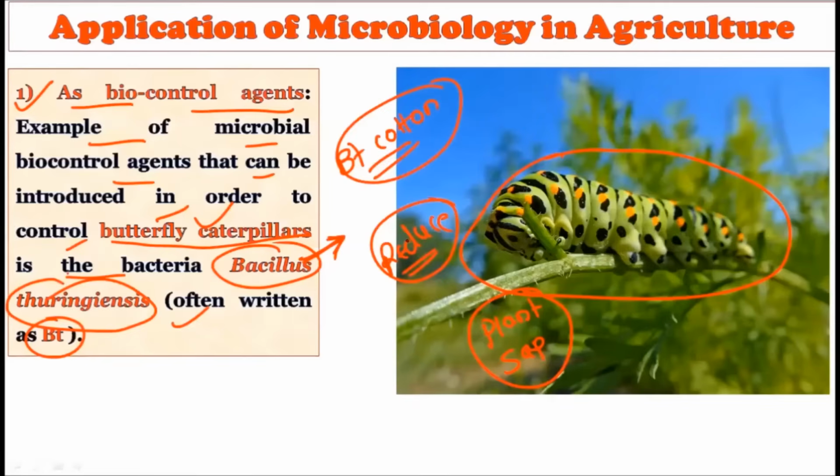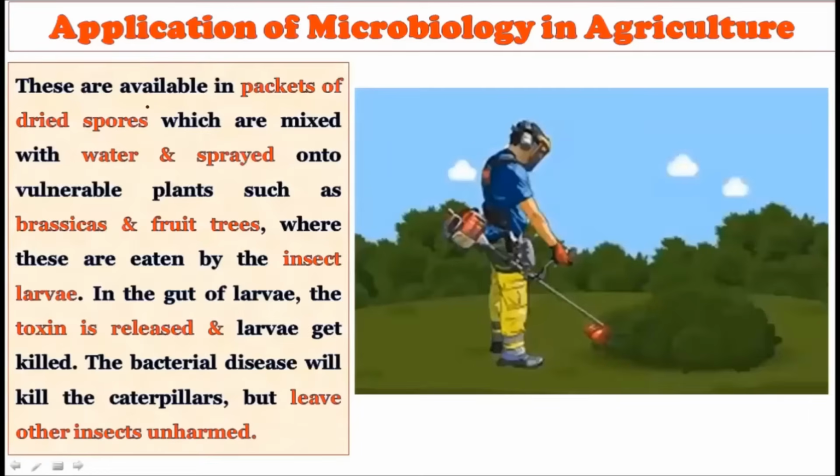Now one can ask how Bacillus thuringiensis, which is a bacteria or prokaryote, is able to control the population of butterfly caterpillars. What is the exact mechanism used by Bacillus thuringiensis to kill the butterfly caterpillars? These Bacillus thuringiensis were available in the markets as packets of dried spores.